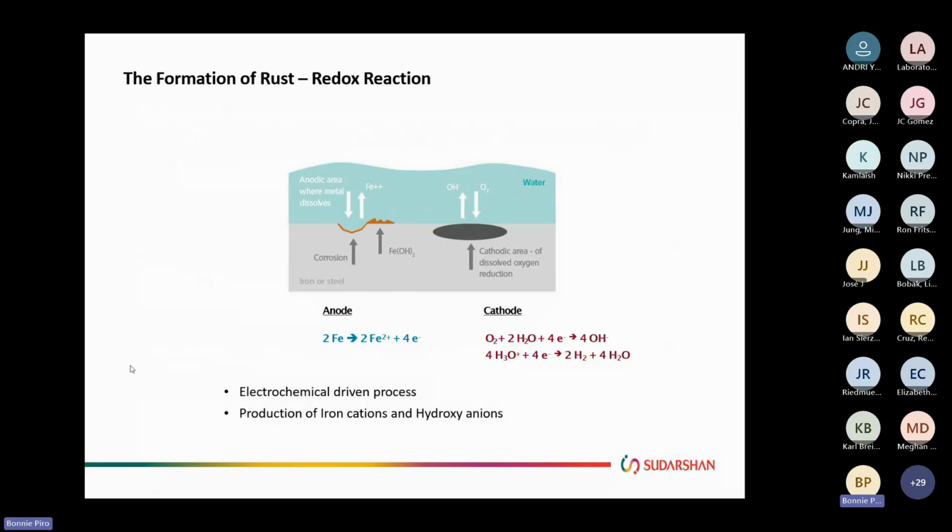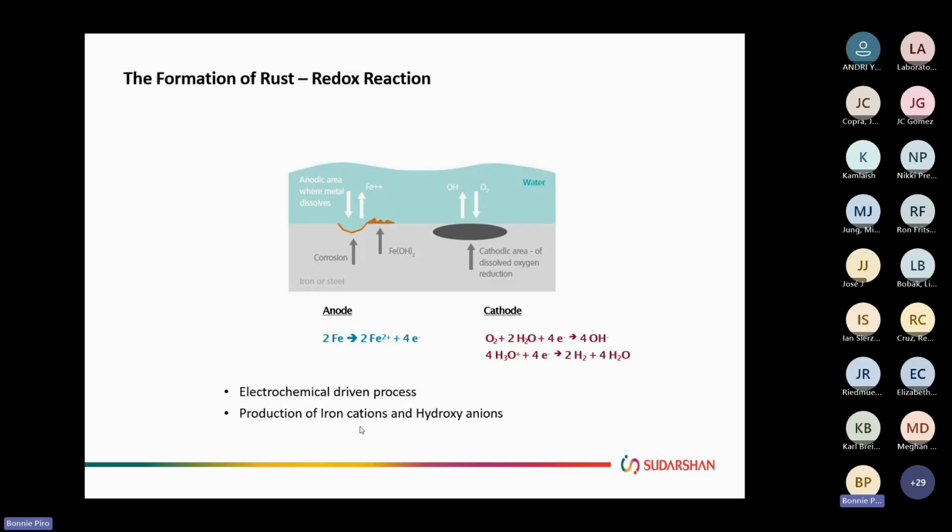So the formation of rust is part of the category of redox reactions. I'm not going to go into the technical details here, but it's really important to understand, as I mentioned in the previous slide, that wherever there might be a divot or a pore or some sort of defect in the top coat finishing, where the moisture and salts can get to the metal substrate, that is where the corrosion will start.